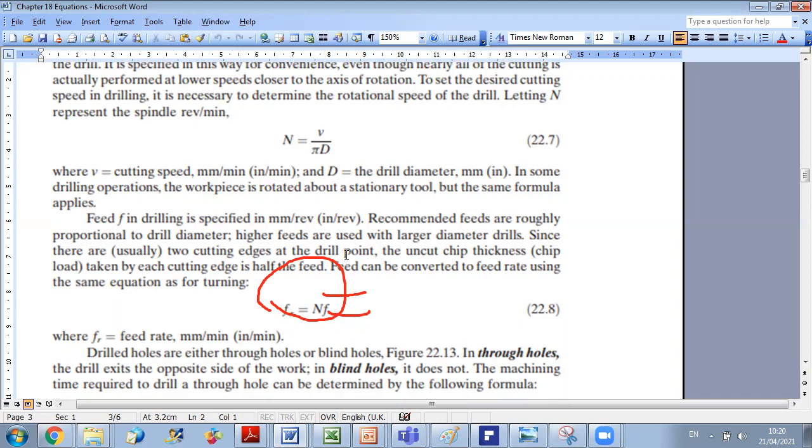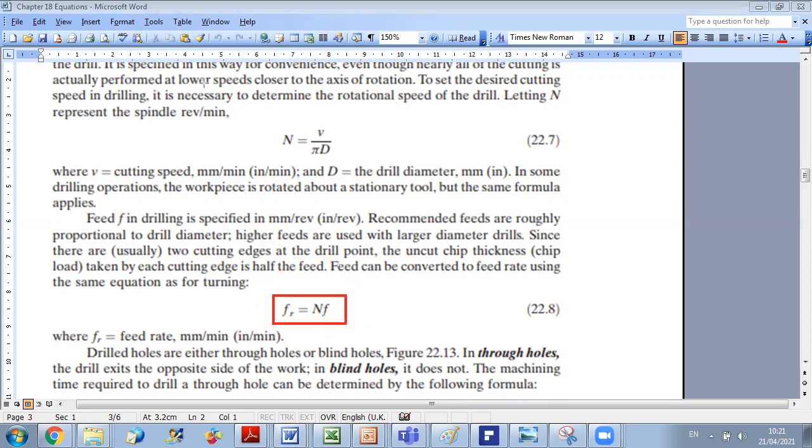The uncut chip thickness taken by each cutting edge is half the feed. Now, the feed can be converted to feed rate as we did in the turning operation. So the equations are similar. We get that the feed rate is equal to N times f.